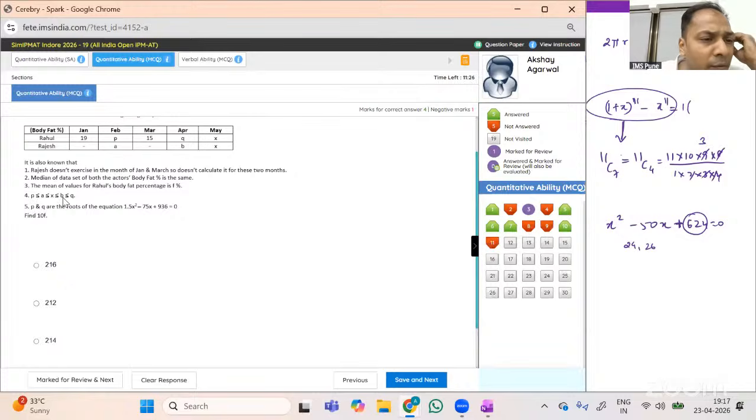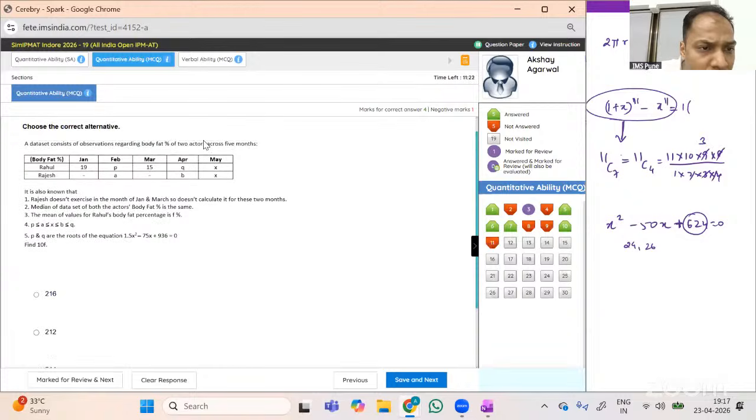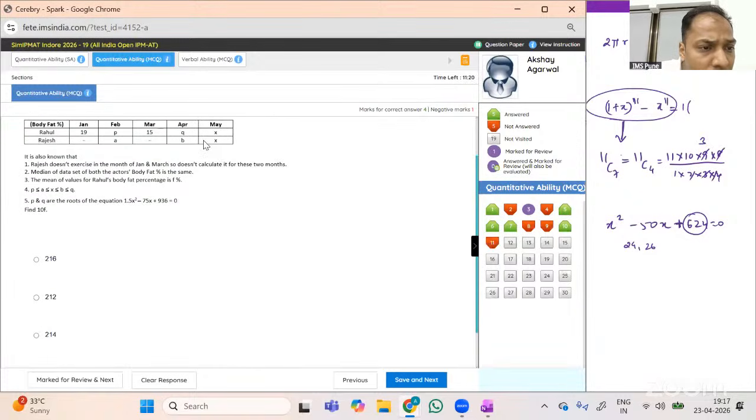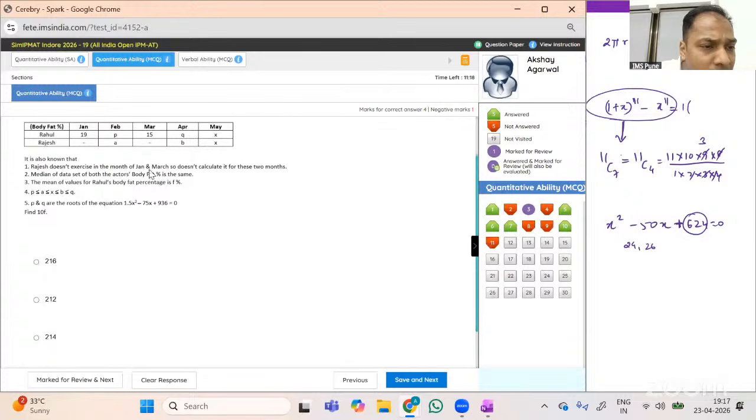A is between 24 and 26. And I'm guessing these are all integers only. So if that's 24, 26, if we take X to be 25, I think that solves the issue. So X is the median, yeah. X is 25 and therefore we'll take X as 25.